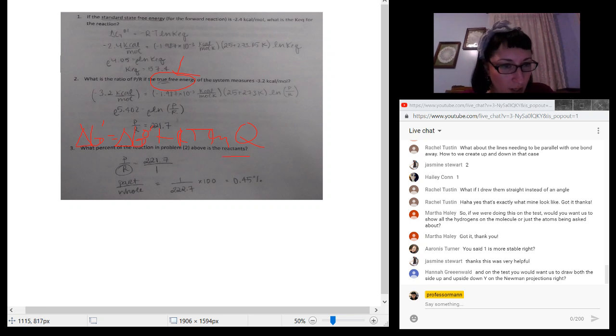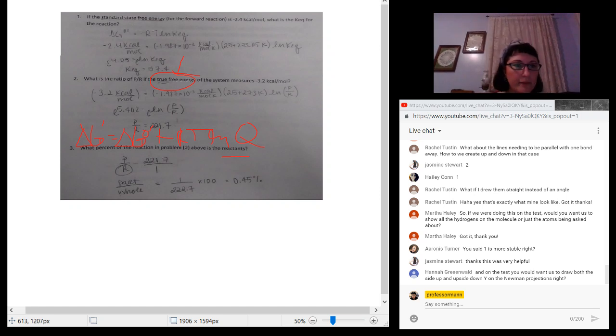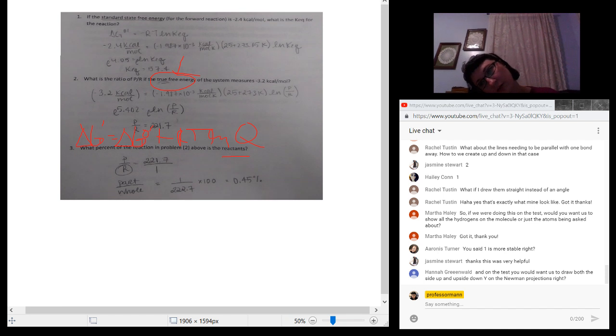So if you're looking for the reactants, it should be, oh wait, no, I see. You got it, yeah. That's right, you got it. I was just not looking at your math right. Okay. And then next slide.